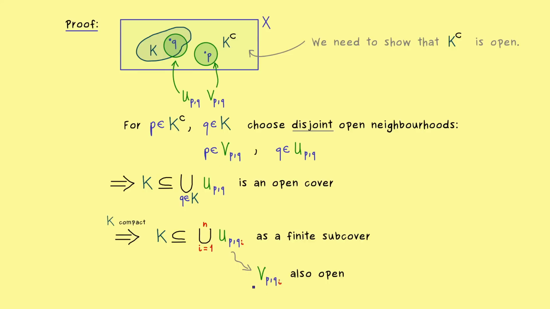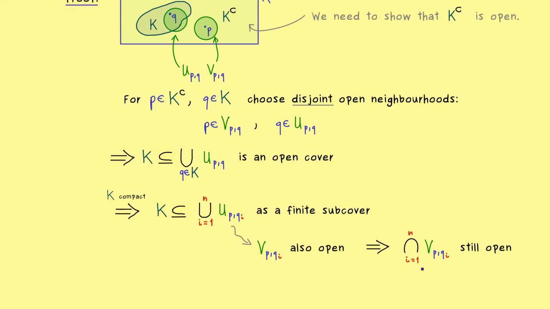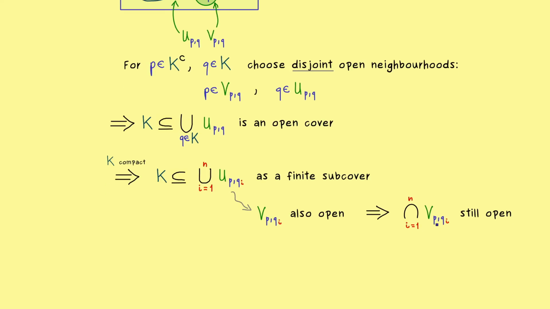Please don't forget, these are still open sets and each V is disjoint to the corresponding U. Therefore, we can just look at the intersection of all the V sets. This is a finite intersection, so the result is still an open set. And it can definitely not be the empty set because all of them contain our point P. So the intersection could be quite small, but it's still a neighborhood for the point P. If we want, we can give this intersection a new name.